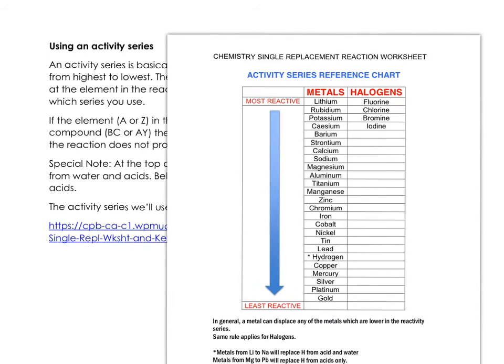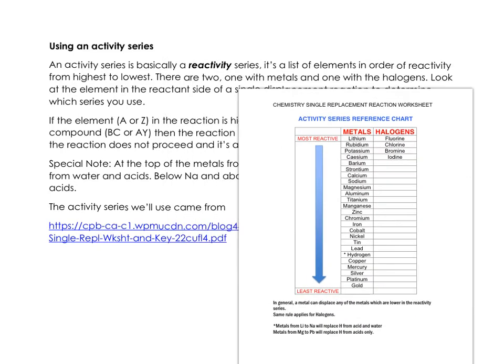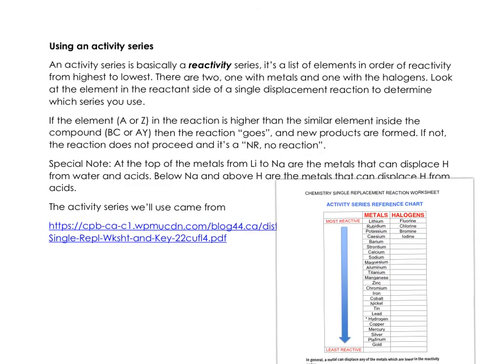So if you are higher up here and the other element is down here, you can bump that element in the compound out. If the element that's all by itself is lower than the element inside the compound, we're going to have no reaction. So we're going to do a couple of examples using this. Just put this to the side.